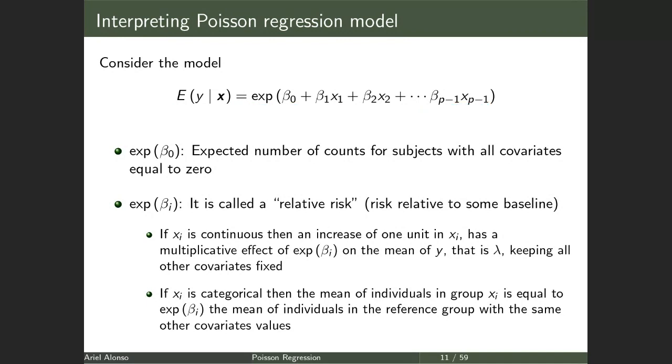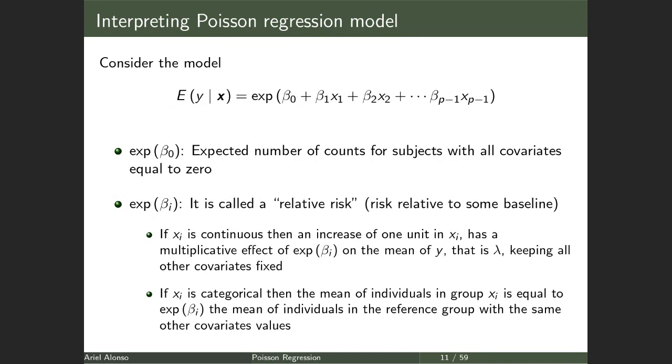So what is the interpretation of these coefficients? First notice that we have here the intercept in our model, beta 0. What would be the exponent of beta 0? That would be the expected number of counts for a subject with all covariates equal to 0. If you make all the covariates equal to 0, this is what you have left. So that will be the mean response for a subject with all covariates equal to 0.